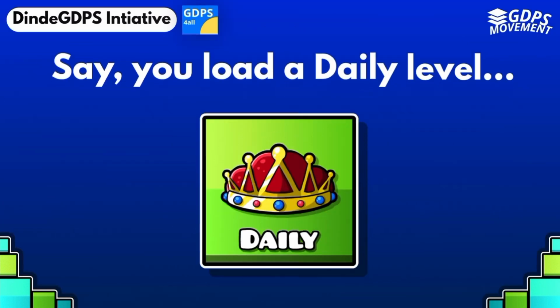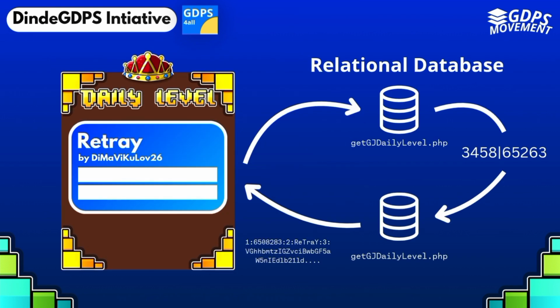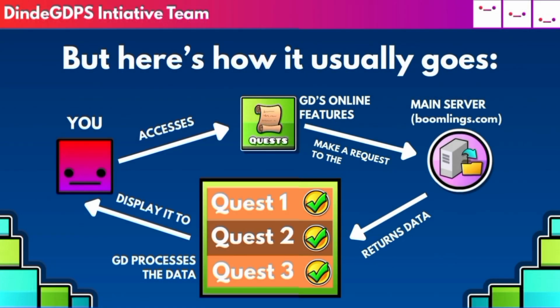So now when you load the level data, the game fetches data from an API about what the level data is. The API will return the ID, and the ID will be transferred again to another API that processes the level data, and the level data content will be given to you and displayed. This is another diagram for an earlier example that I tried to make, but yeah, this is the old version of the diagram I made before.